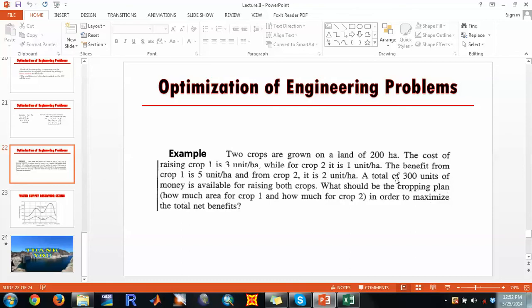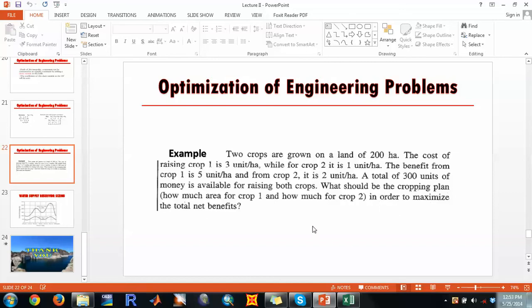The total amount of money available is only 300 units for raising both crops. The question is, what should be the cropping plan? How much area will go to crop 1 and how much to crop 2, so that we can obtain the maximum benefit?